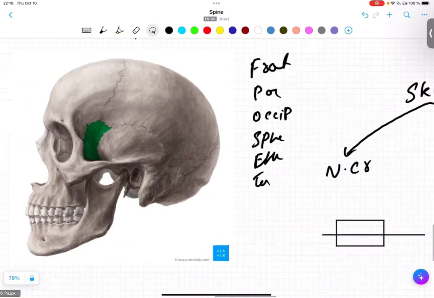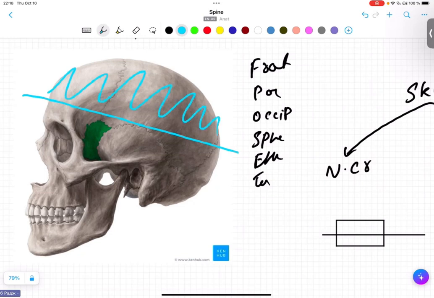So, if you cut the skull this way, this entire part, or the cap, is known as calvaria. So, calvaria means the cap of the skull. Okay, and then you will have the base of the skull. So, calvaria and floor. Is this clear? Yes.